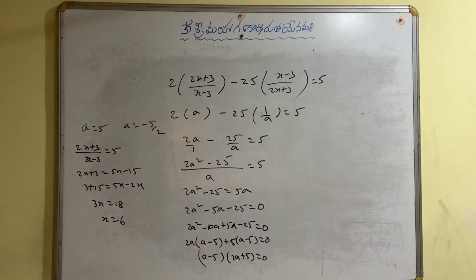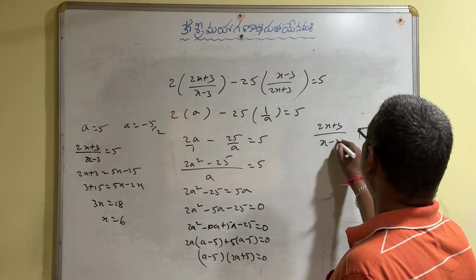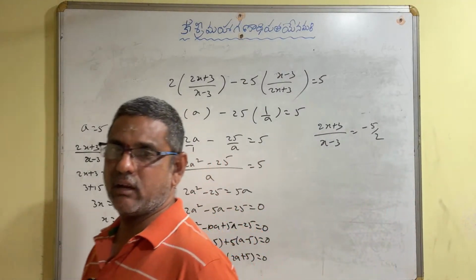If a is minus 5 by 2, then 2x plus 3 by x minus 3 is negative 5 by 2. Now what is the value of x?